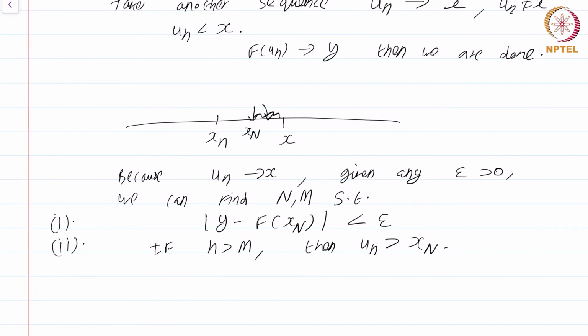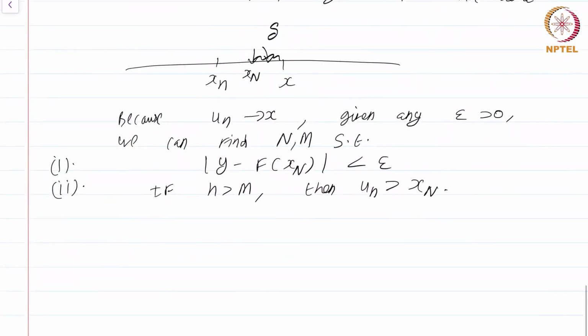Call that distance delta. For this delta, there is a corresponding n delta, which I'm just calling capital M. This just requires a little bit of thought. Since xn converges to x, I can force it to be greater than x capital N for suitably large small n. That's what I have written down.